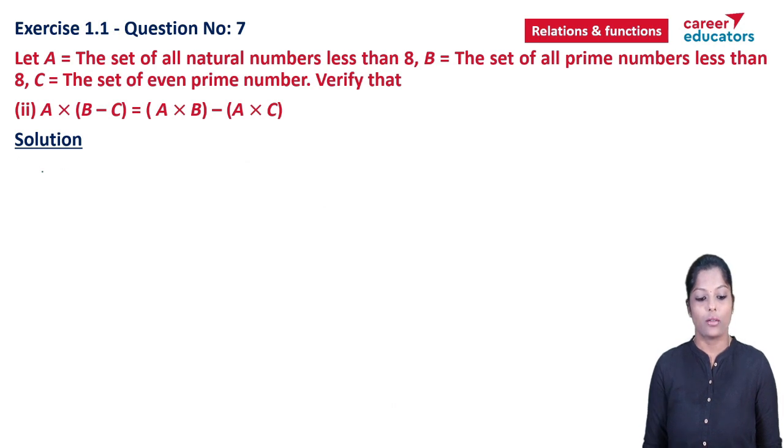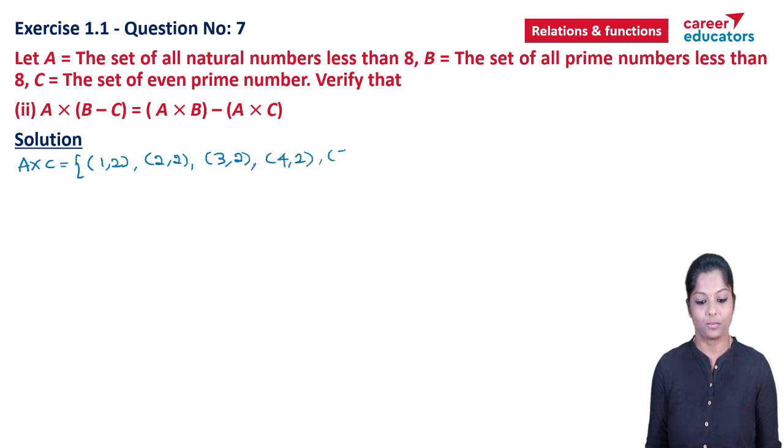Next, we have found A cross C in the first subdivision. A cross C equal to (1, 2), (2, 2), (3, 2), (4, 2), (5, 2), (6, 2), (7, 2).